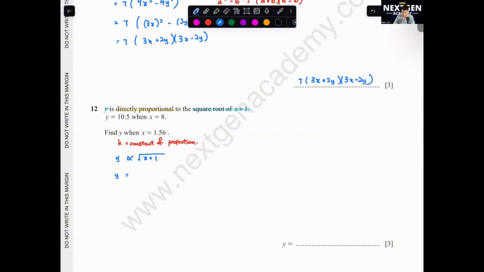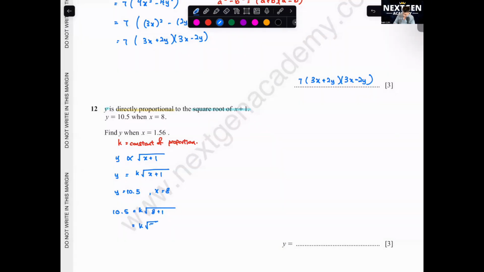So we change it to y equals to, you need to multiply it by k, square root x plus 1. Okay, so this will be the main equation that we need to find. Then you need to sub in your y equals to 10.5 and x equals to 8. 10.5 equals to k square root 8 plus 1.